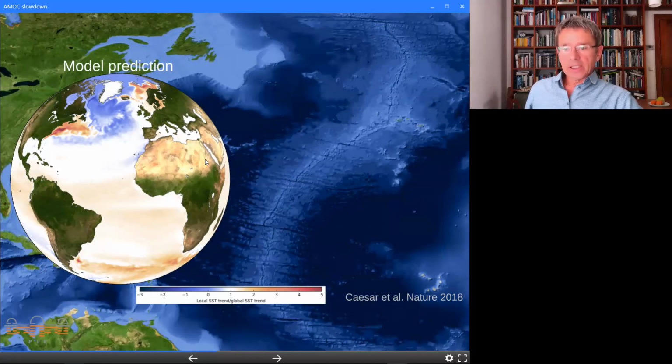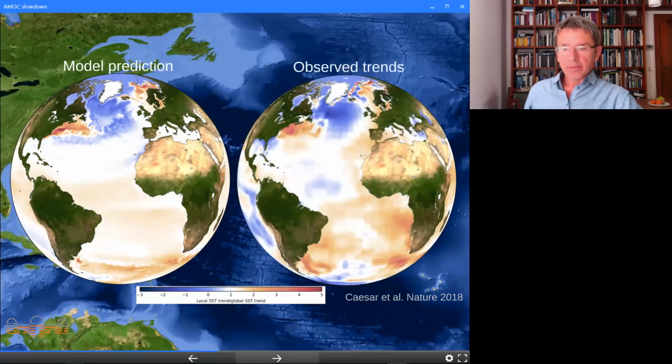Levke has looked at all the sea surface temperature data sets that are available to calculate trends since the late 19th, early 20th century. And this is what that picture looks like. It's of course much more fuzzy because we do not have such high resolution ocean observations. That's clear. These are ship-borne measurements.